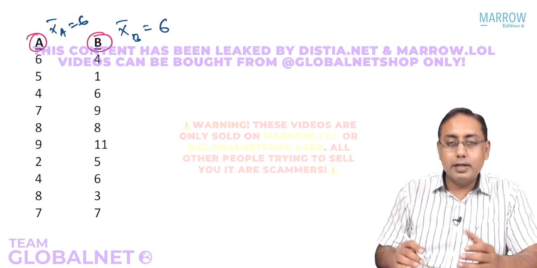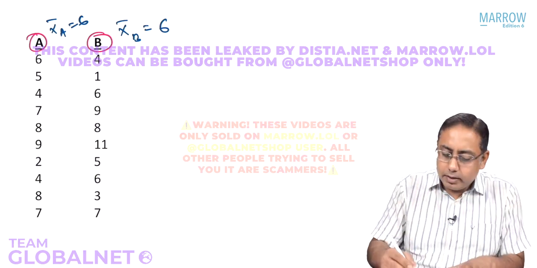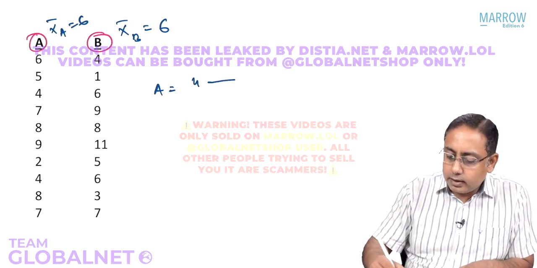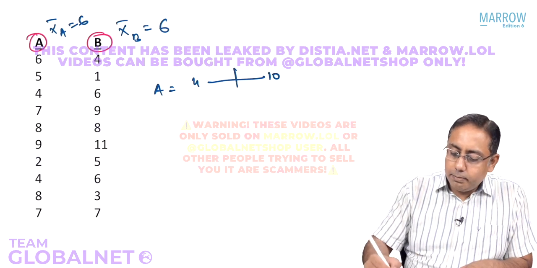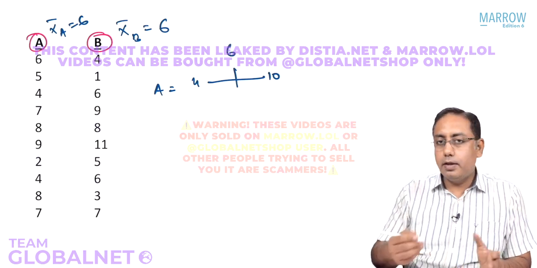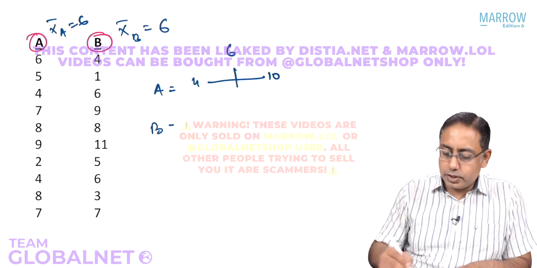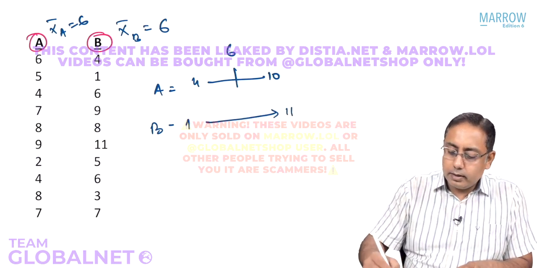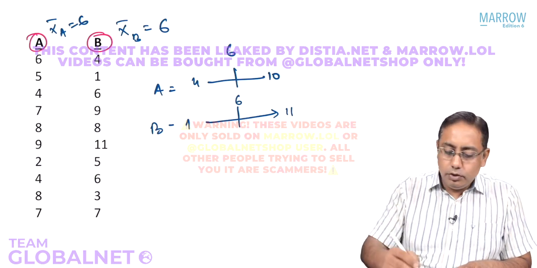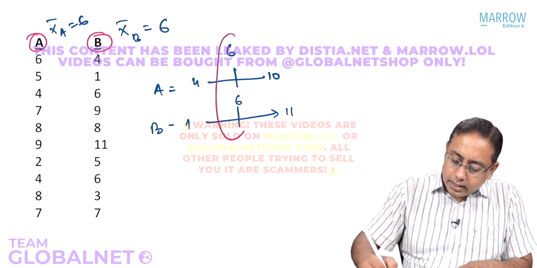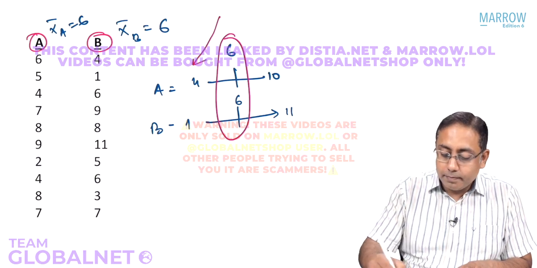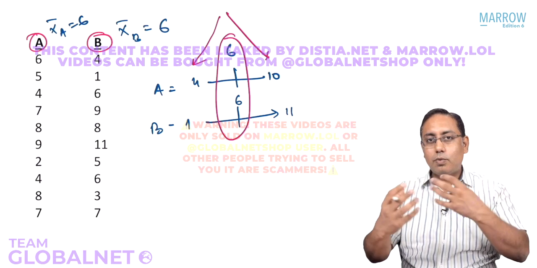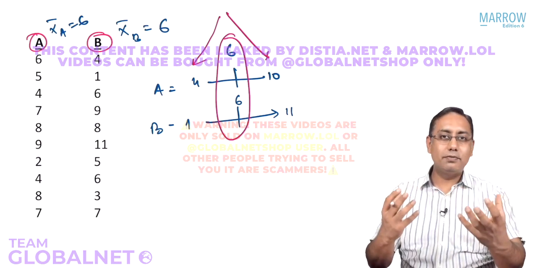What you're forgetting is that even if the mean is the same, there is a chance that population A had the lowest number as 4 and the highest number as 10, and the mean was 6. And there could be a population B which had the lowest number as 1 and the maximum, let us say, was 11 and the mean was again 6. You are seeing technically the center portion, but you are not seeing the range or the bigness of the data. So you have to see what the range or the bigness of the data is.